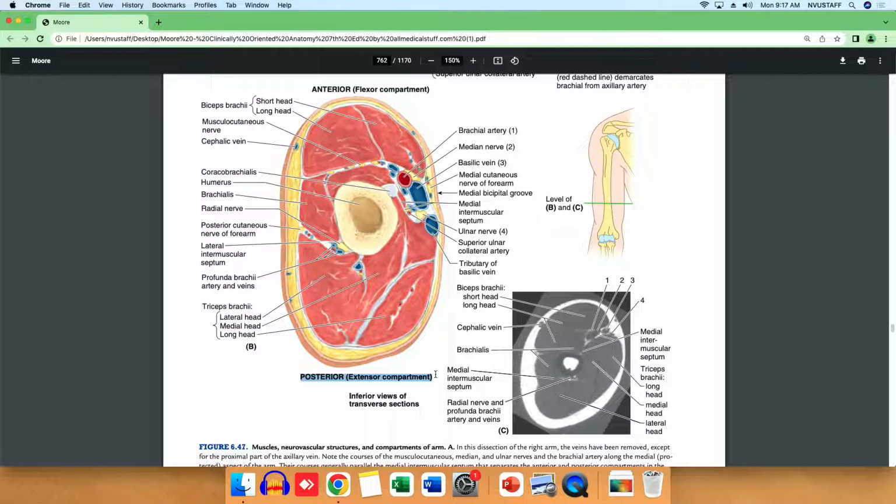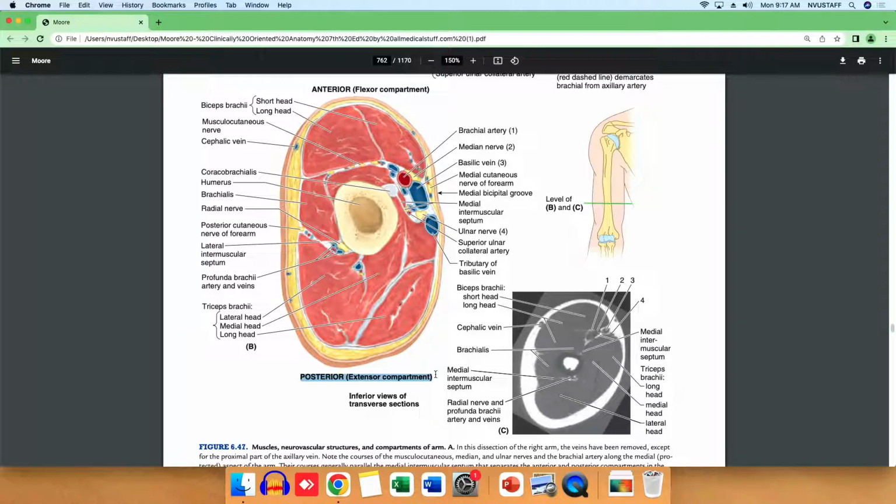So in the case of the upper limb in anatomical position, all of the movements which are anteriorly oriented will represent flexion, and all of the movements produced posteriorly will be known as extension.